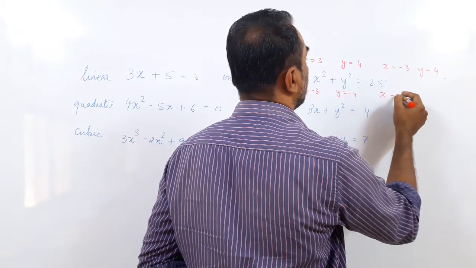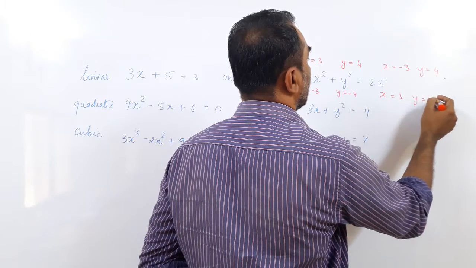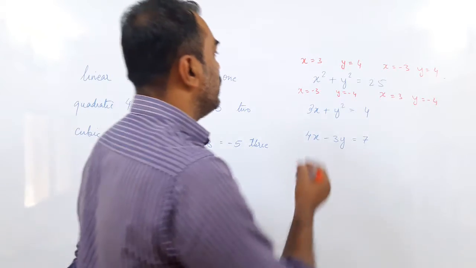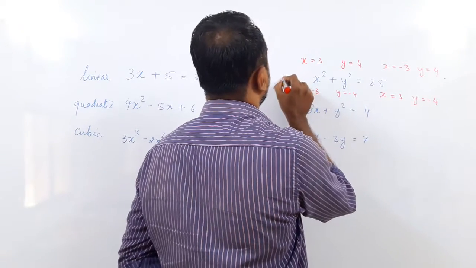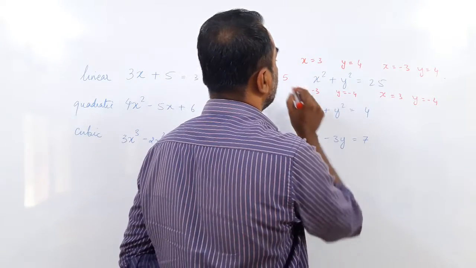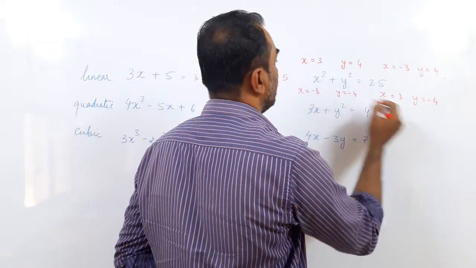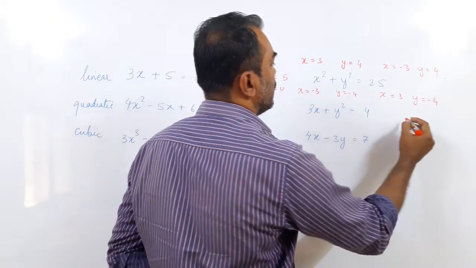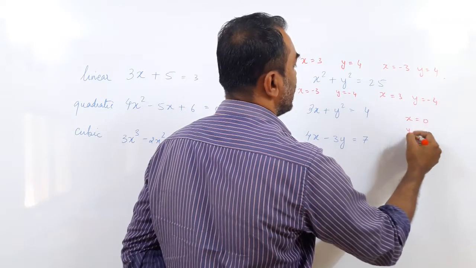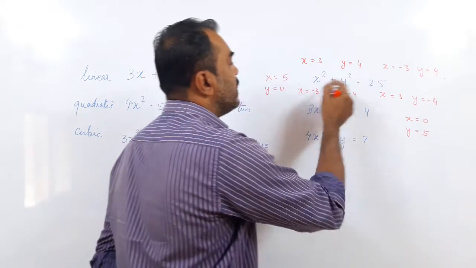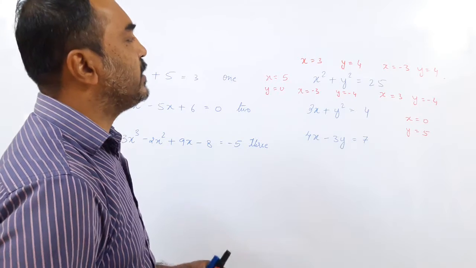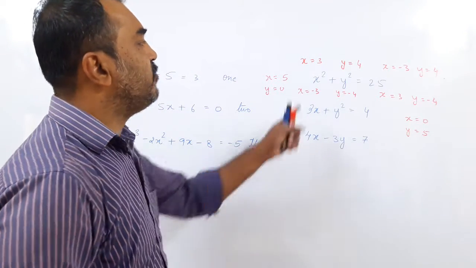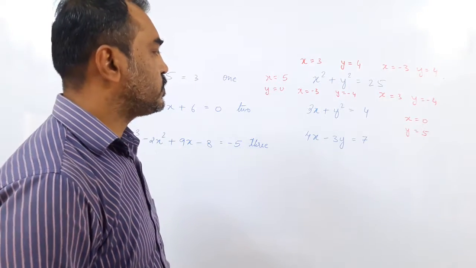If I take x equal to 3, y equal to minus 4, even then the equation is true. But if I take x equal to 5, then 5 square is 25, so y will be 0. If x is equal to 0, y is equal to 5. So when I keep on changing the value of x, simultaneously the value of y will keep on changing. And there will be infinite possibilities.